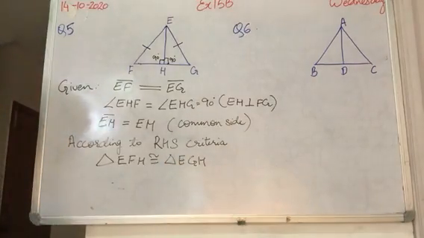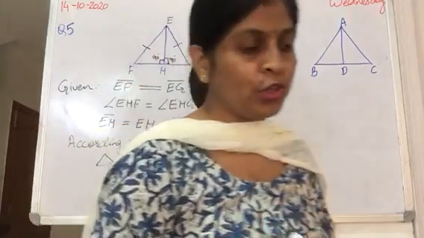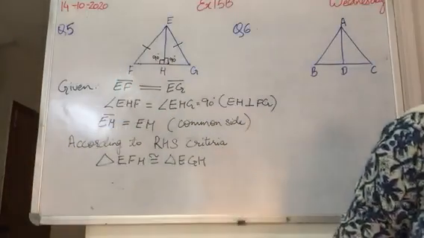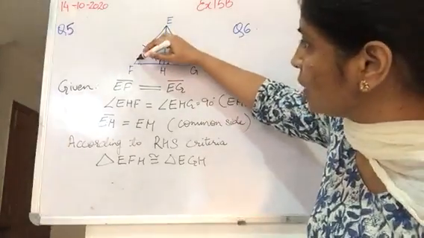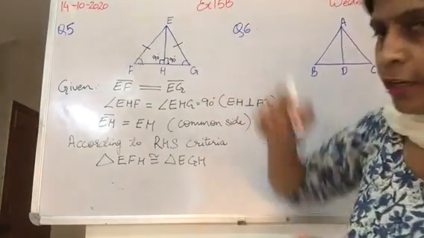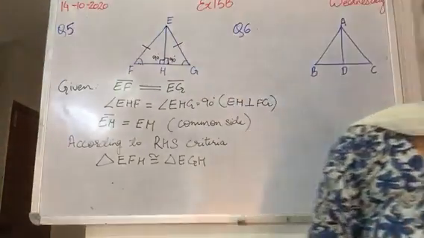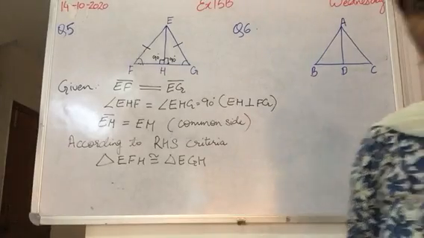Now students, you will ask that in the question it is only written to prove that angle F is equal to angle G. That means this angle should be equal to this angle. Only this part is asked in the question.